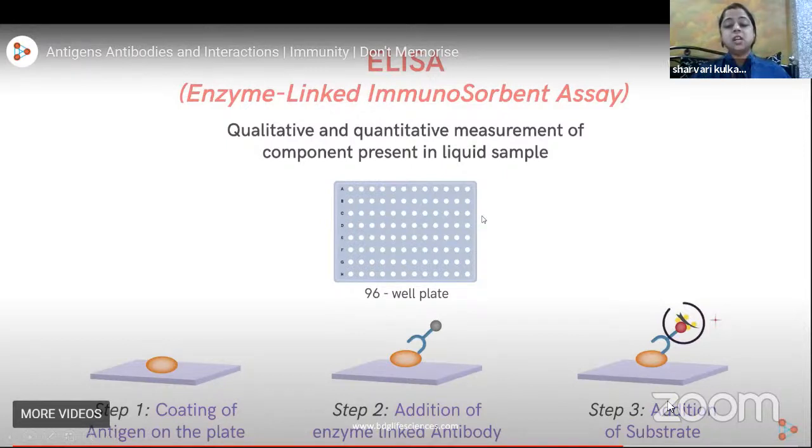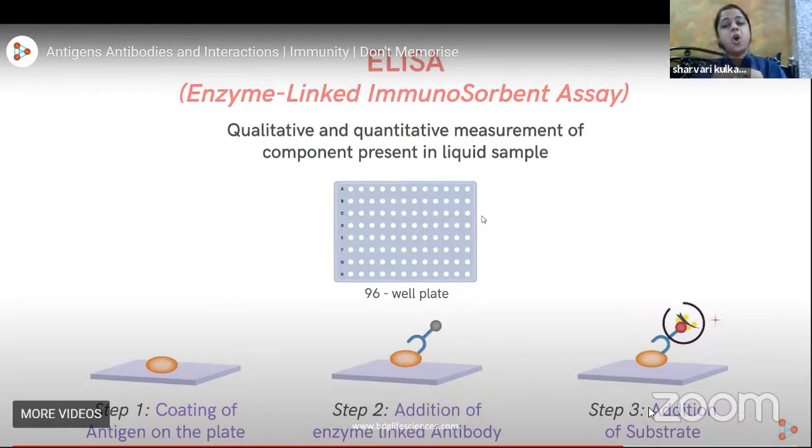So the third step is adding the antibody to it. So what will happen? Antigen antibody interaction will happen. This antigen antibody interaction, along with the enzyme linked antibody, what will happen after addition of substrate?